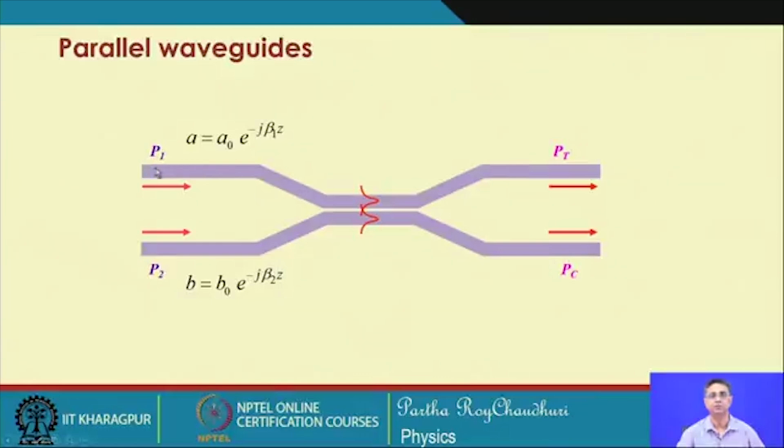If this is the input waveguide, then this is the transmitted or throughput, and this is the coupled. But if this is the input waveguide, then this will be called the coupled waveguide, and this will be called the throughput or transmitted port.